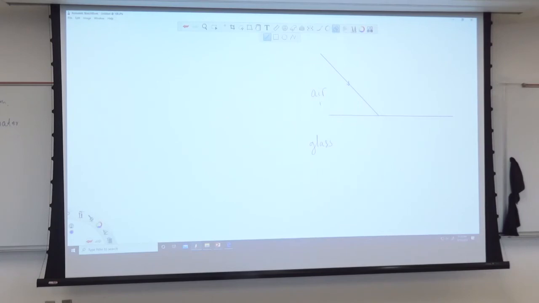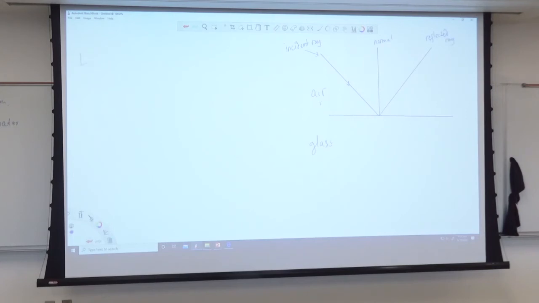And then it bounces back. And in order to state the law, we need to draw a perpendicular line to the boundary. Okay, so we need to draw a perpendicular line, which we call normal. That doesn't look perpendicular. So let's draw a perpendicular line here. So we call this a normal. Okay. This is called incident light or incident ray. The ray that hits on the boundary, and this is called reflected ray.